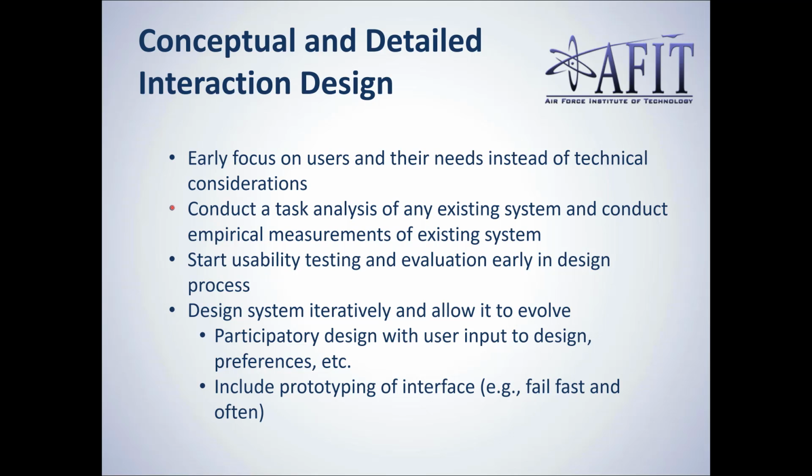And as we do this, we don't only want to understand what the tasks are, what are the actual things the human has to do when they're using the system, but we want to understand their goals using the system. Why are they doing these things? What are they trying to achieve? And if we're able to understand what it is they're trying to achieve, then perhaps we can find a better way of helping them achieve those overall goals.